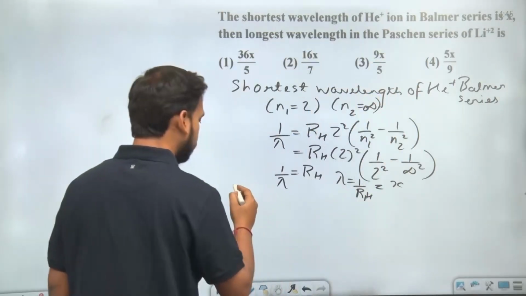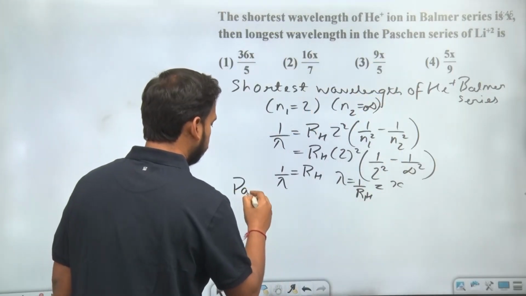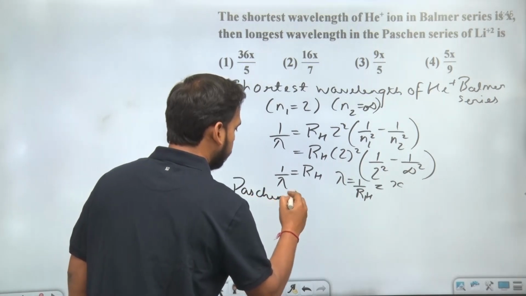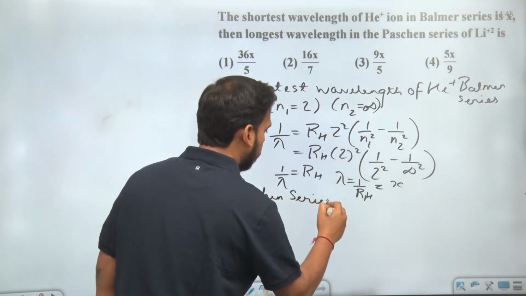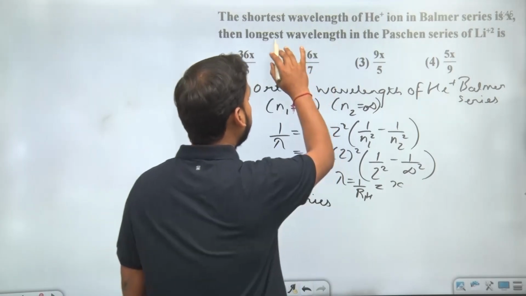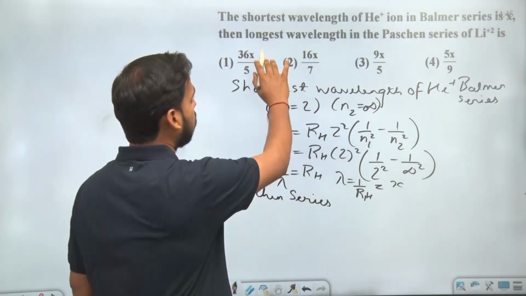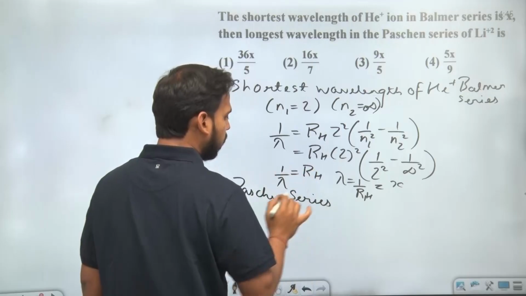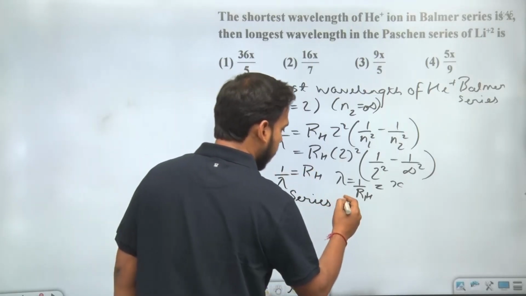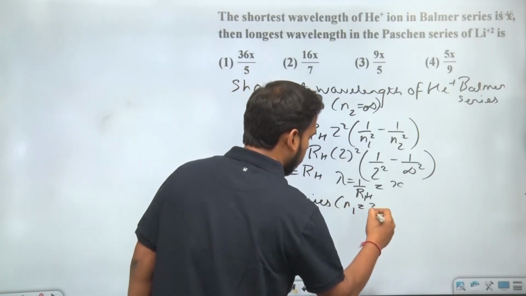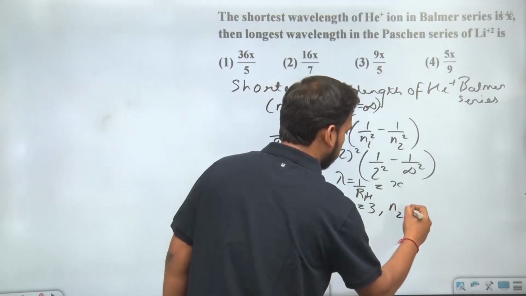Similarly for the Paschen series, the longest wavelength is mentioned. For the longest wavelength in the Paschen series, n1 will be equal to 3 and n2 will be equal to 4.